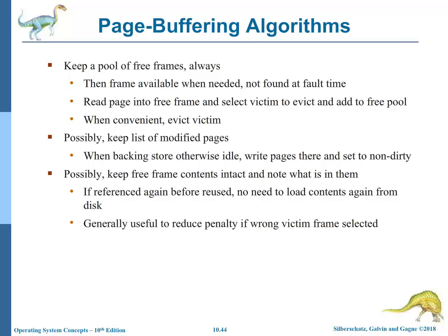We can keep a list of modified pages, and when the I/O system is otherwise idle, have it write these pages out to disk, and then clear the modified bits, thereby increasing the chance of finding a clean page for the next potential victim. Keep a pool of free frames, but remember what page was in it before it was made free.